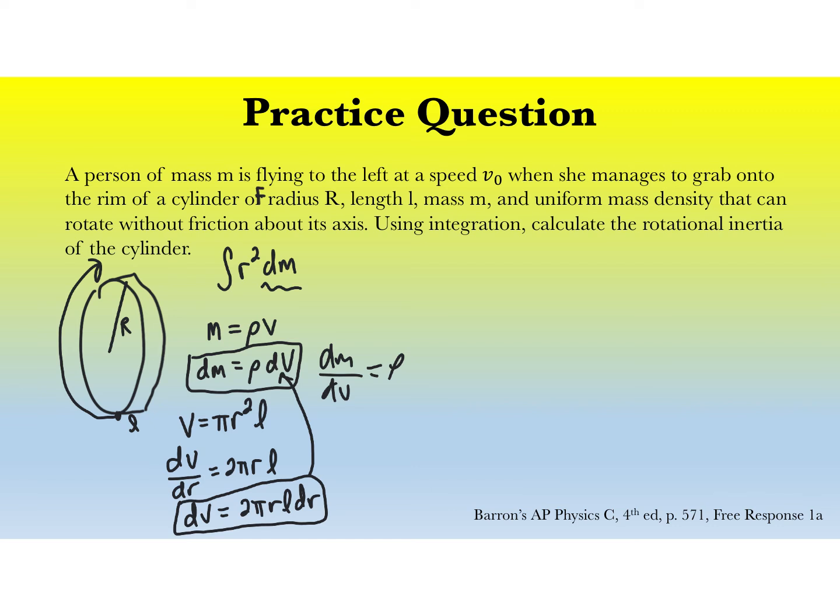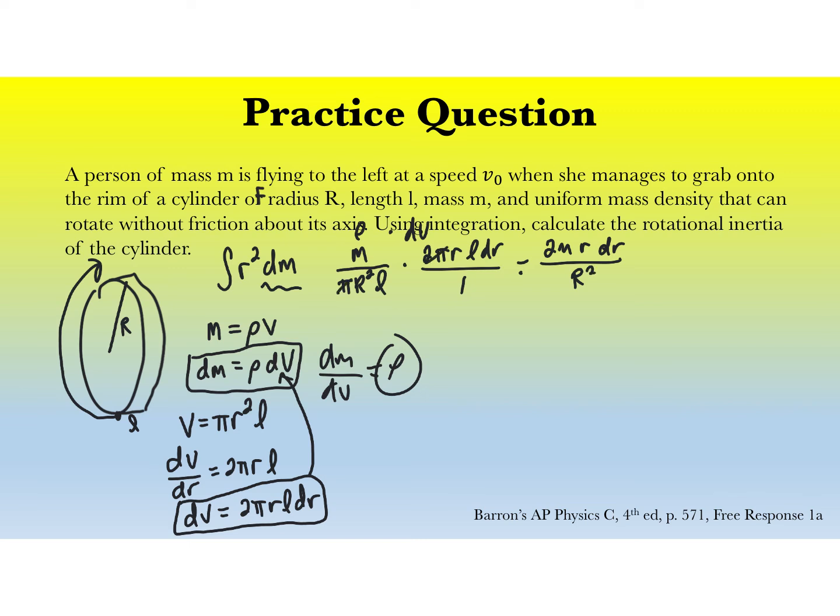So this differential dm that we're dealing with, what we just found is that we can write that as the density, which is the mass of our cylinder divided by the volume of the cylinder, pi big R squared times L. So that's our density, and then multiply that by what we found for dV, which is 2 pi r L dr. This can simplify quite a bit into 2M r dr over R squared.